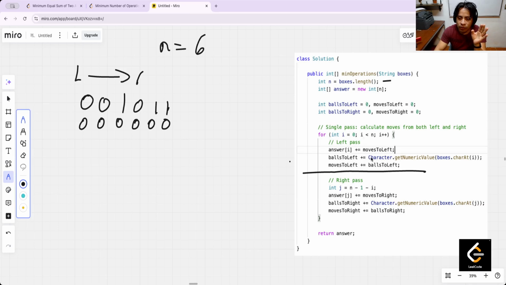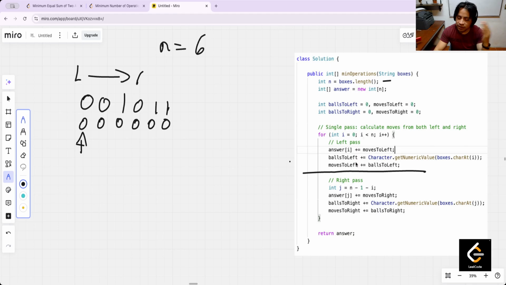Now balls to left. It only counts how many balls I have before, meaning to the left, before the current position. In this case it is 0 because it is the first position, and we count the current element, but it is 0.